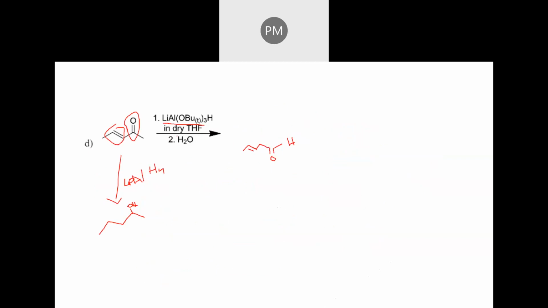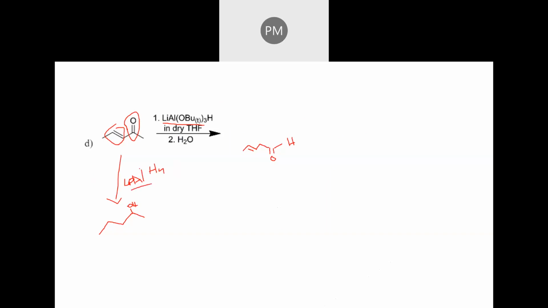Now one example where lithium aluminum hydride has some hydrogens replaced by tert-butyl. These are not strong reducing agents compared to lithium aluminum hydride.